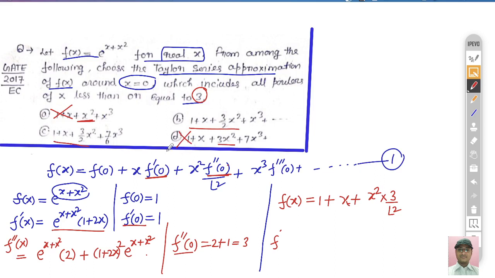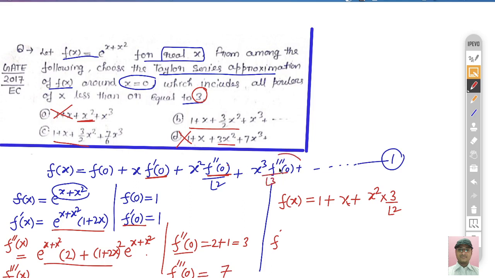Now one more option we have to calculate, because here the two are basically different, only 3 terms are matching. In the similar way you can calculate the third derivative of this function, put 0, and you will get 7, right. So once you put it in here, it is basically factorial 3.